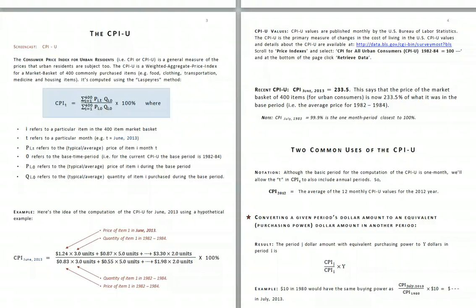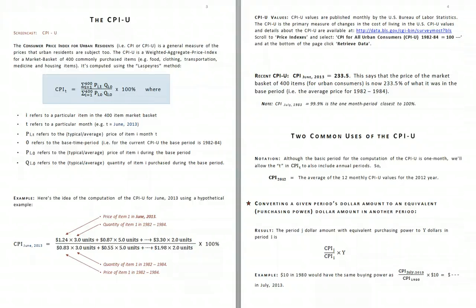To begin with, a market basket of 400 commonly purchased items is identified. Next, a typical number of units purchased of item i during the 1982-84 base period is identified. This quantity is referred to as Qi0, and it appears twice in the calculation.